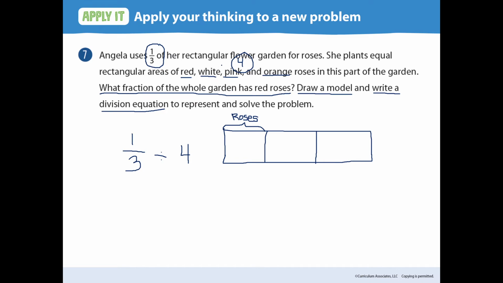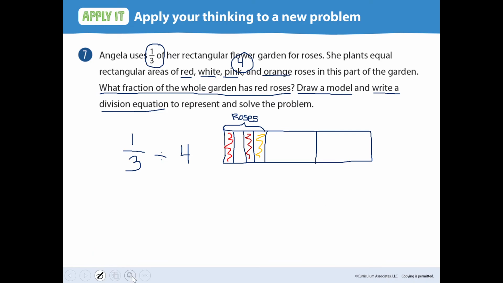Okay, and she's dividing that section into 4 parts because there's 4 different roses. If we want to get creative, we can even say this one's red, this one I'm going to leave white. Let's use this one. It's not really pink, but that's okay. And orange. There we go.